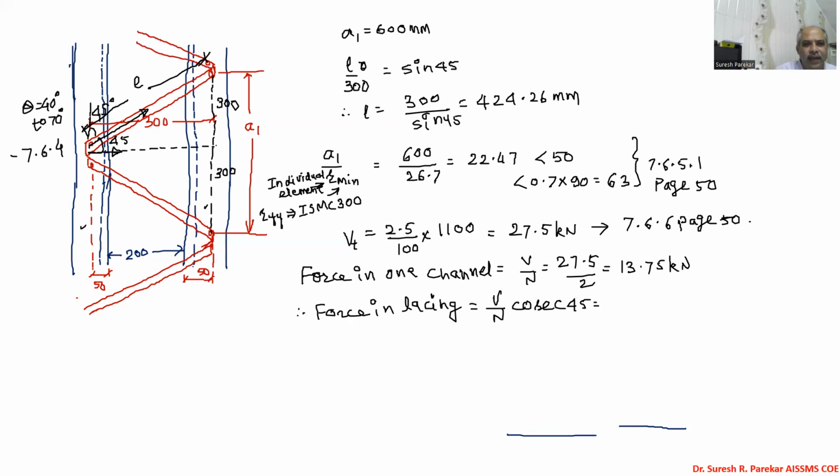So 45 we have assumed here, so we have on both sides 45. So V by N we have 13.75 cosec 45, and we have this value as 19.45 kilonewton.